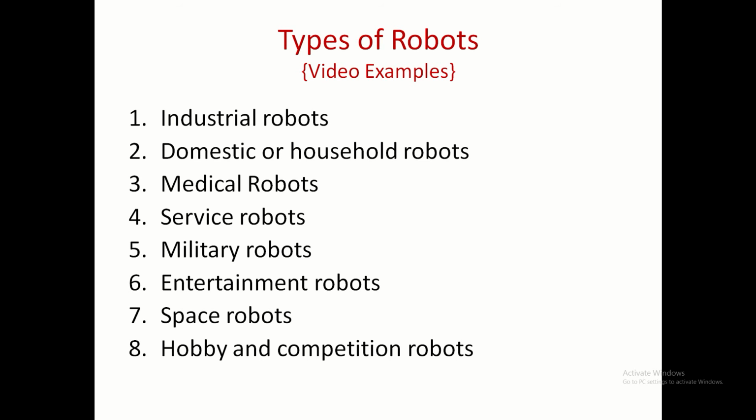Those videos consist of robots, or you can say automation. Some of them are smart devices. You should be able to classify which robot is an industrial robot, which is a domestic or household robot, which is a medical robot. There are also robots for the service sector.